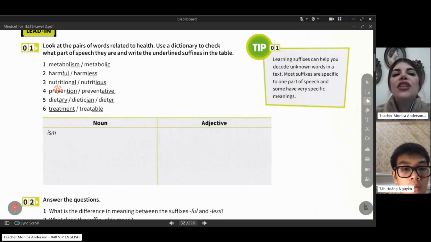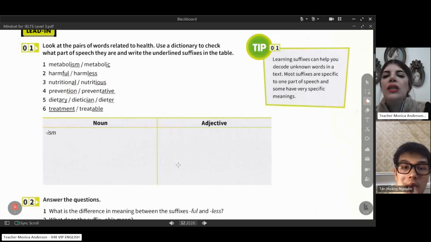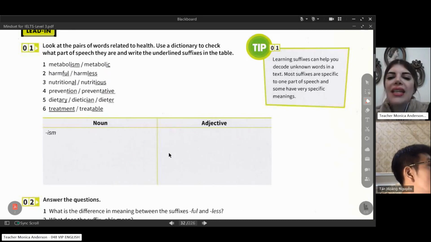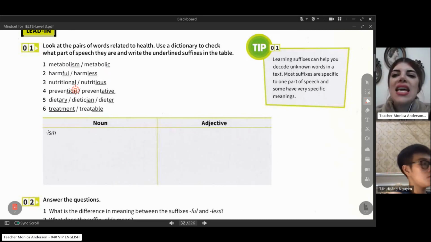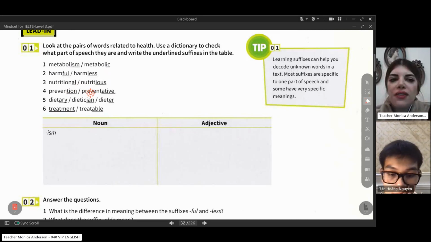And nutritional, nutritious. So we have al and ious. Both of them are adjective suffixes. So nutritional and nutritious, both are adjectives.